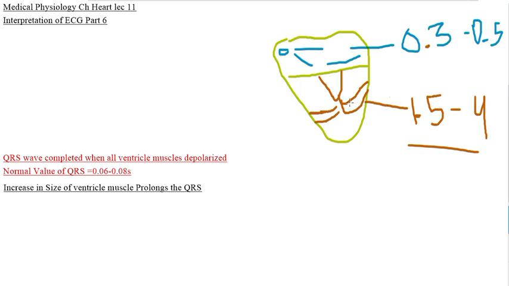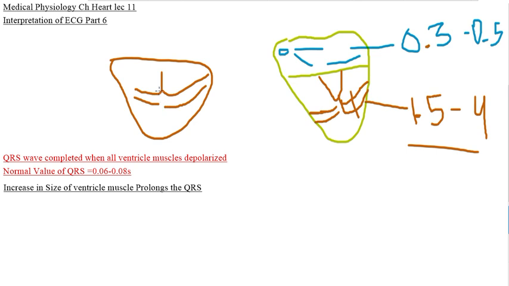And when there is a blockage of a Purkinje fiber, then the conduction of impulses to the side where the Purkinje fiber has been blocked will be very low as compared to the other side. If this is the right ventricle, left ventricle, and these are Purkinje fibers, the right bundle branch and left bundle branch, they are conducting at the speed of 3 meter per second, so that both ventricles contract simultaneously and pump blood into the pulmonary and systemic circulation.